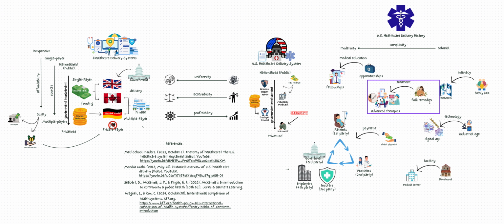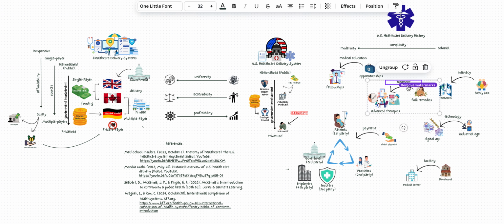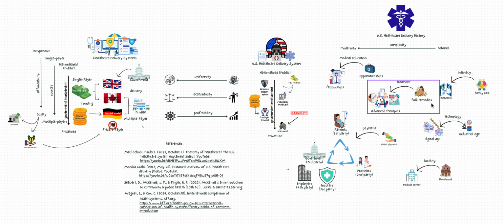Treatment has changed significantly. I just noticed I misspelled that. From folk remedies and a non-scientific way to treat to the advanced therapies we have today, from specialized surgery to advanced medications, vaccinations.